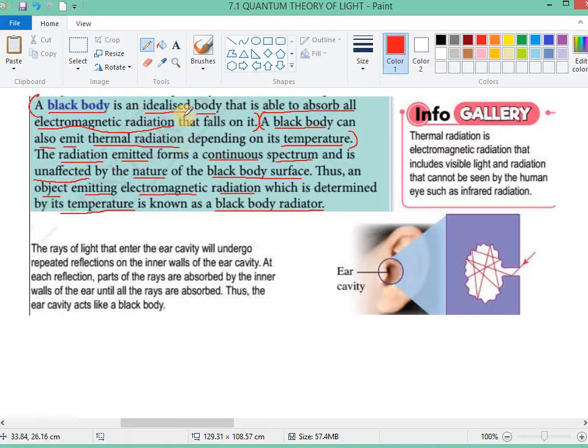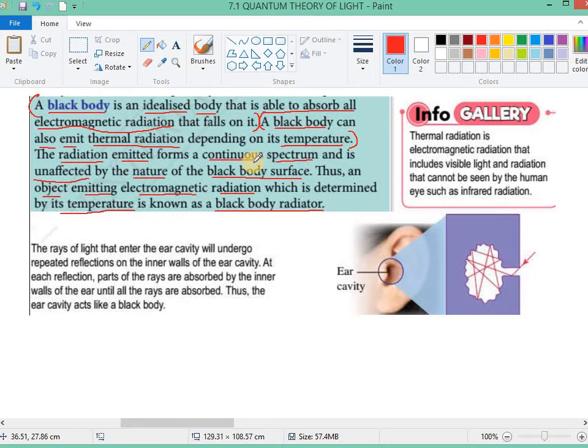Okay, so it says that the radiation emitted forms a continuous spectrum. It is a continuous spectrum because the radiation emitted is in all frequencies and all wavelengths.